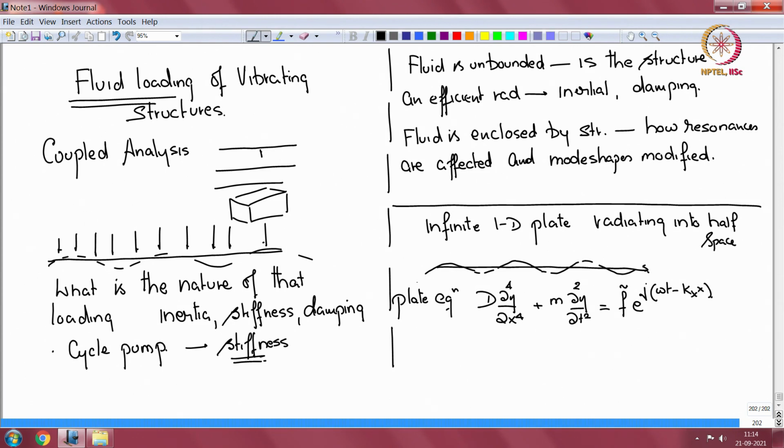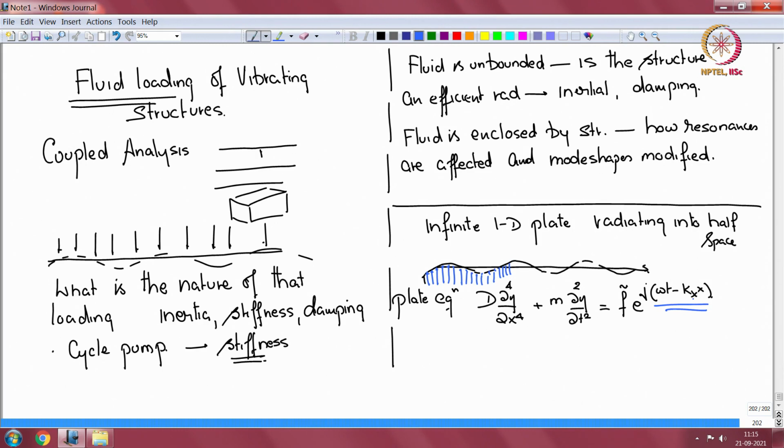I am providing a wave-like excitation. It is not localized. The excitation depends on space. It's a continuous excitation. That's what this expression means.